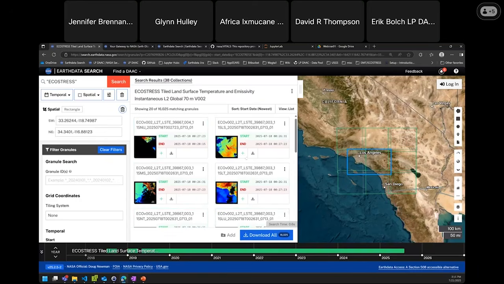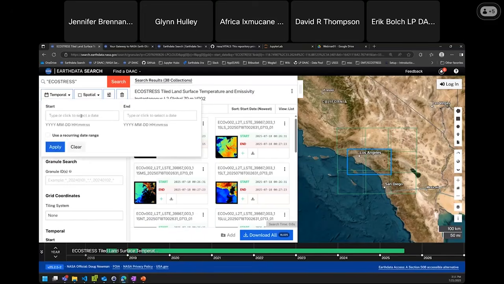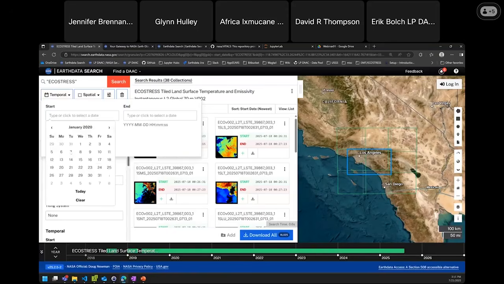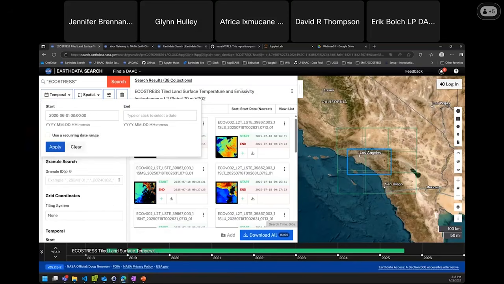A couple of things we could also do here, since we're talking about heat, is filter this temporally. You could do a time frame, say you're interested in the summer months. That's not what I wanted to do. Anyway, some summer months here.